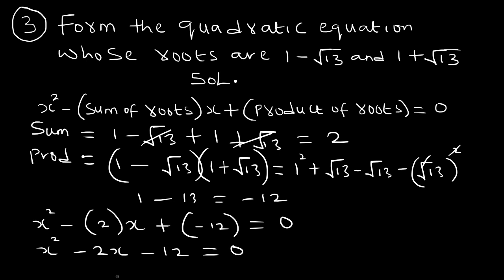So this becomes the equation whose roots are 1 minus root 13 and 1 plus root 13. As we did for question number 1 and 2, we are going to verify this by solving this equation, and we'll see if we are going to get these roots, 1 minus root 13 and 1 plus root 13.